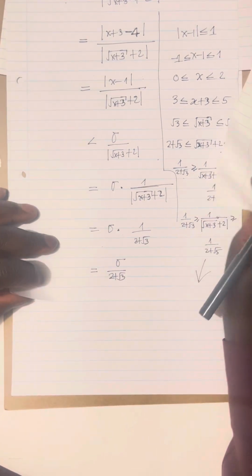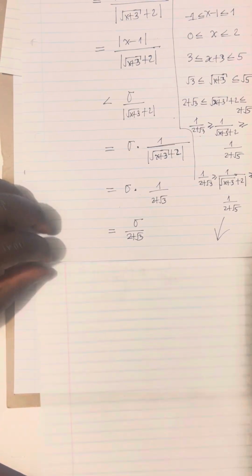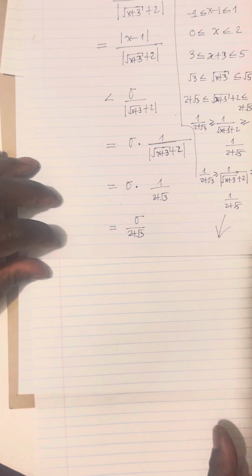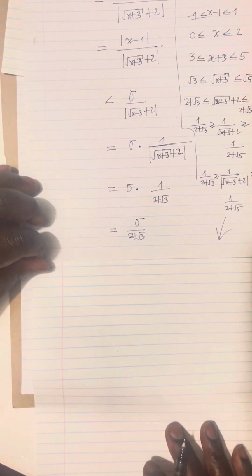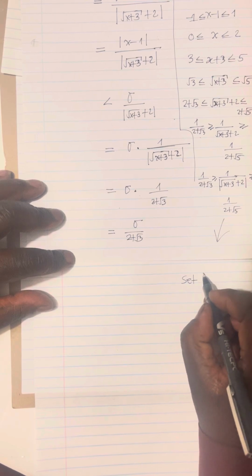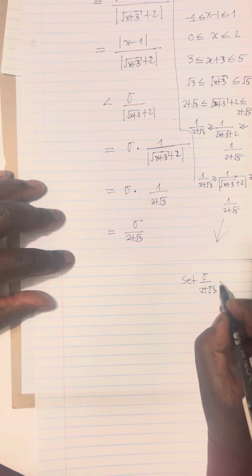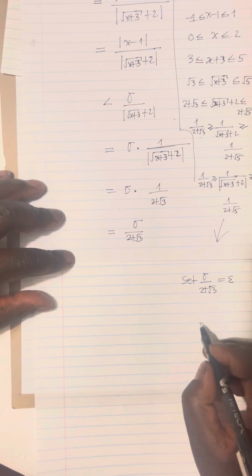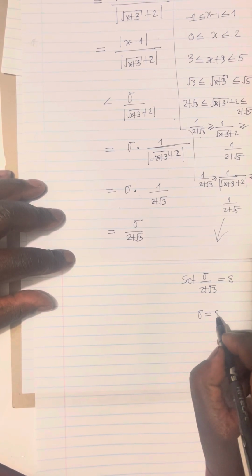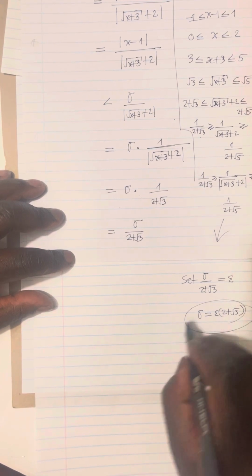At this stage, remember we've arrived at the stage where we say set. If I now set delta all over 2 plus root 3 to be equal to epsilon, solving for delta, it's going to be epsilon times open brackets 2 plus root 3. This is the value of delta.